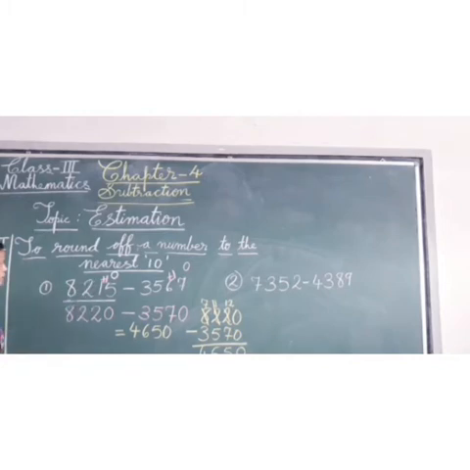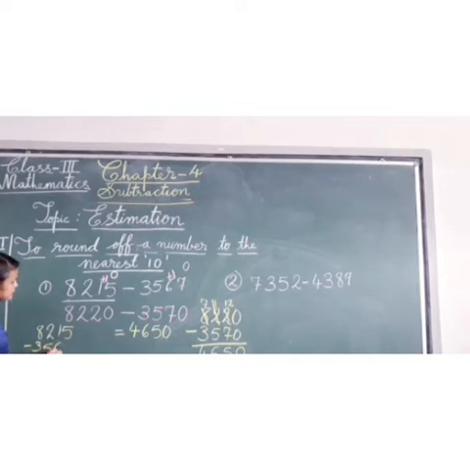Now we are going to calculate this number also. When we subtract 8,250 in the same way minus 3,567. Here 5 we cannot subtract, so we borrow from here, 15, and here it becomes 0. 15 minus 7 gets us 8.